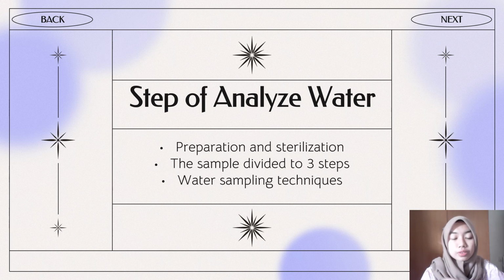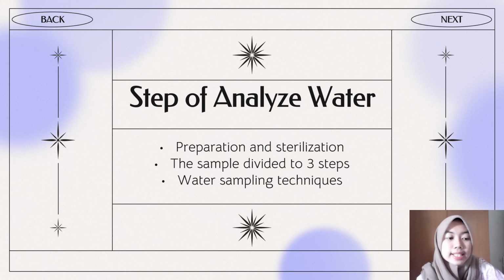So the third step is the water sampling technique. The first is sampling from a tap or standpost. The second is sampling from hand pumps, wells, and boreholes fitted with a pump.